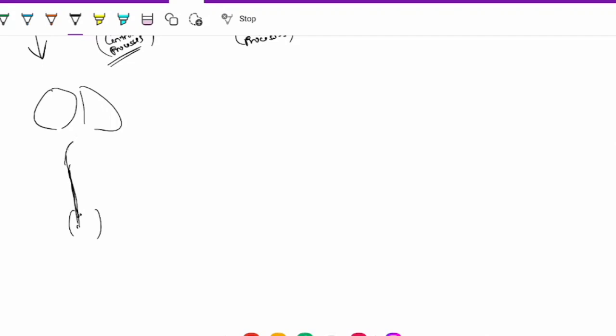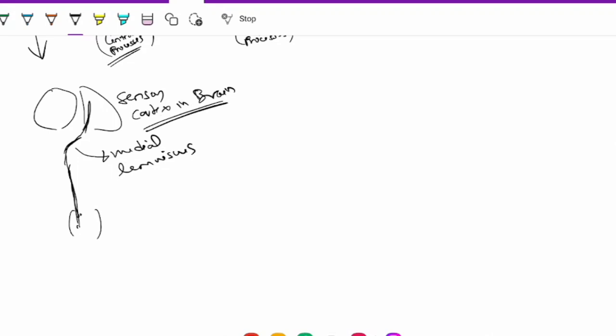It crosses at the level of thalamus, forming something known as medial lemniscus, and it relays to sensory cortex over here, or sensory areas in brain. It has certain area numbers also, which we are not going to cover as of now.